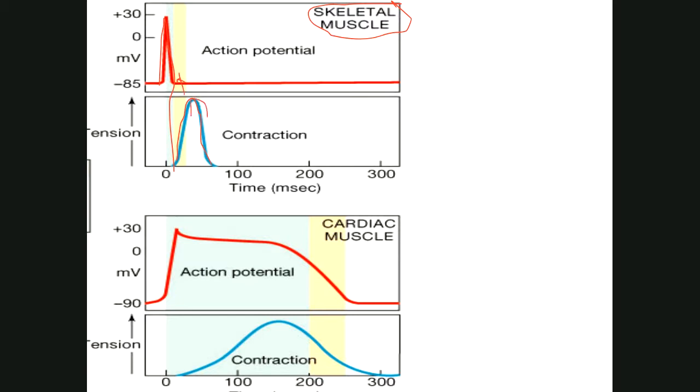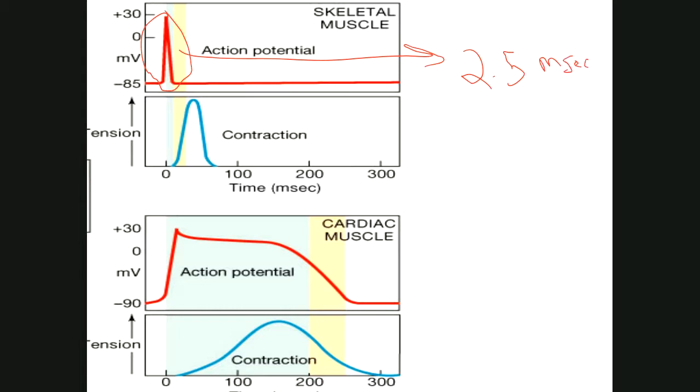And if I keep giving it action potentials really, really fast, remember it's going to look like this, and eventually it's going to look like that. We're going to get tetanus. That's because the action potential is over very, very quickly. It only takes about 2.5 or 3 milliseconds.